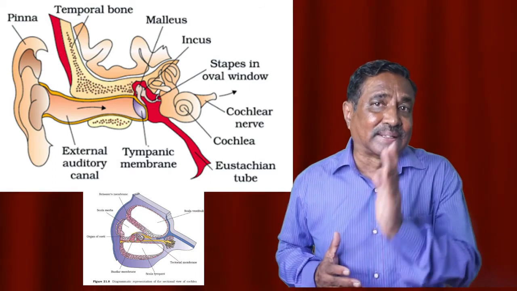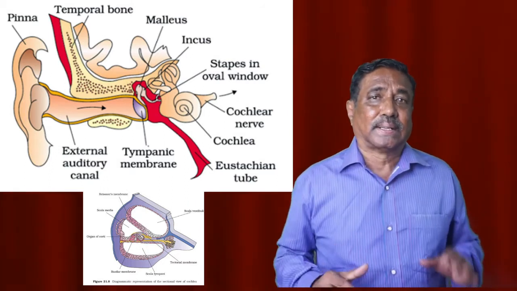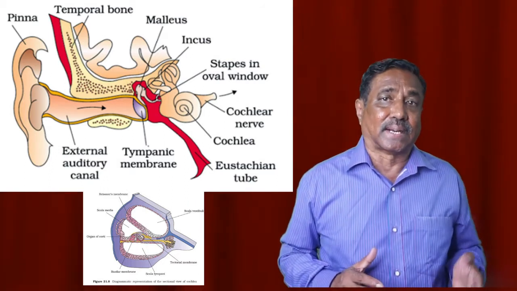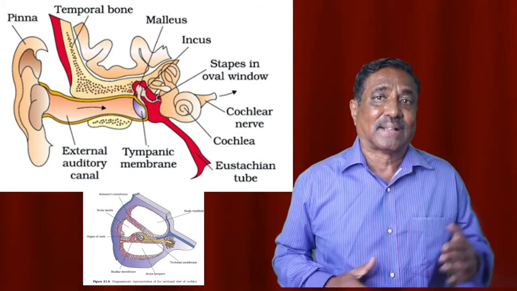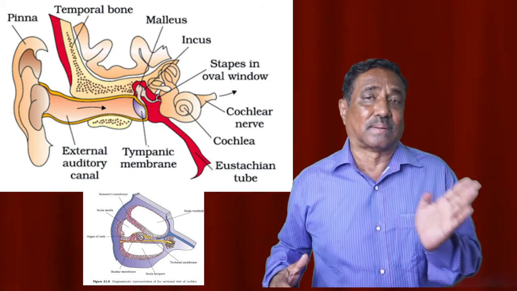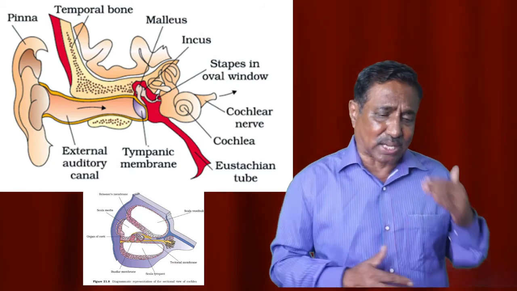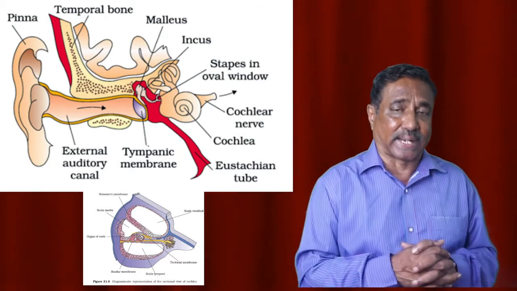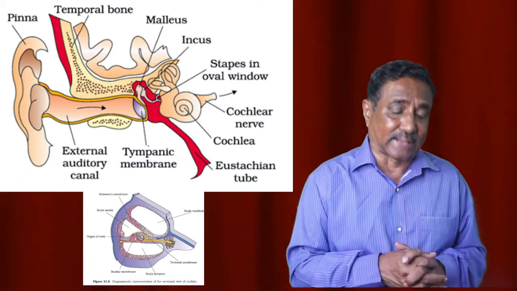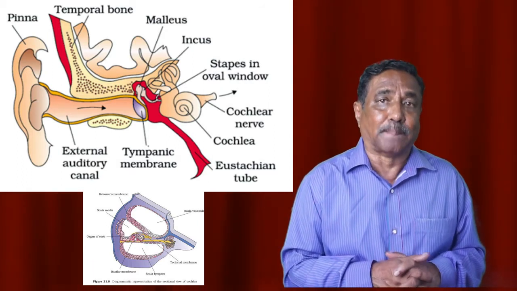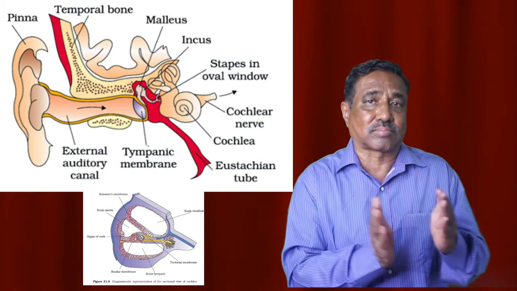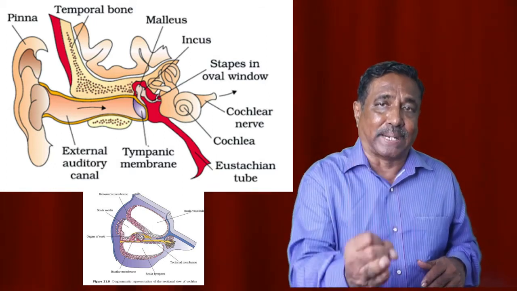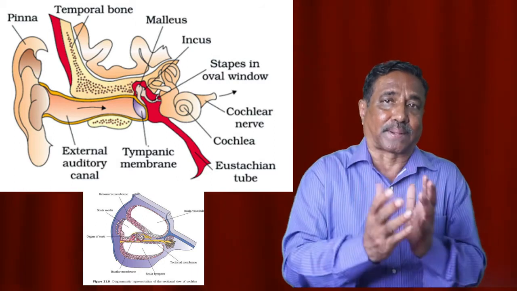utriculus, and then the cristae ampullaris and macula. These are all the various parts associated with the inner ear. In the inner ear there are perilymph and endolymph, and fluid-filled chambers are called scala: scala vestibuli, scala media, scala tympani are present.